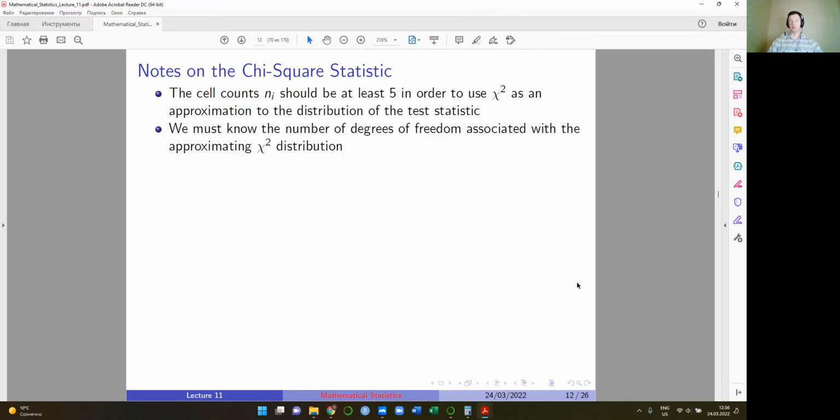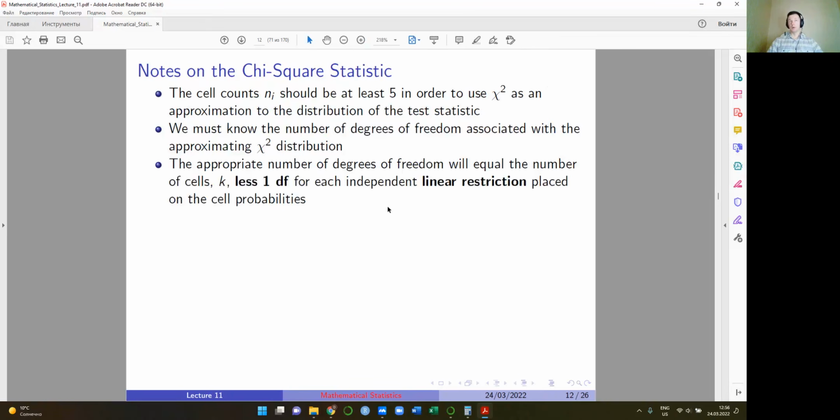So the rule is the following. The appropriate number of degrees of freedom equals the number of cells, k, so how many groups we have for the data, less 1 degree of freedom for each independent linear restriction placed on the cell probabilities.